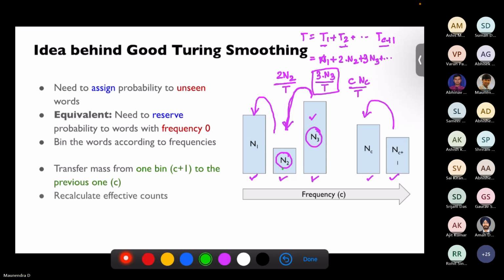Then can you tell what will be the probability associated with each word here? It will be 3 into n3 divided by T. This was the total mass getting distributed among the n2 words here. This is how we transfer mass from one bin to the previous one, and we can recalculate the effective count.